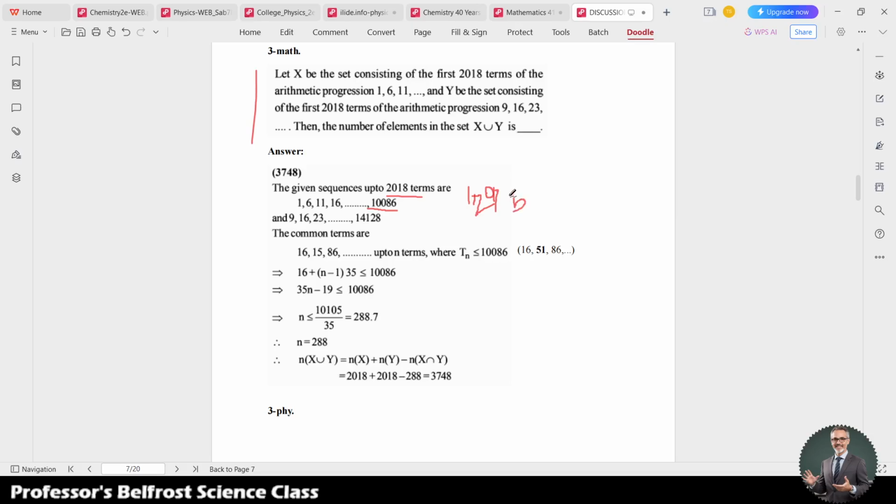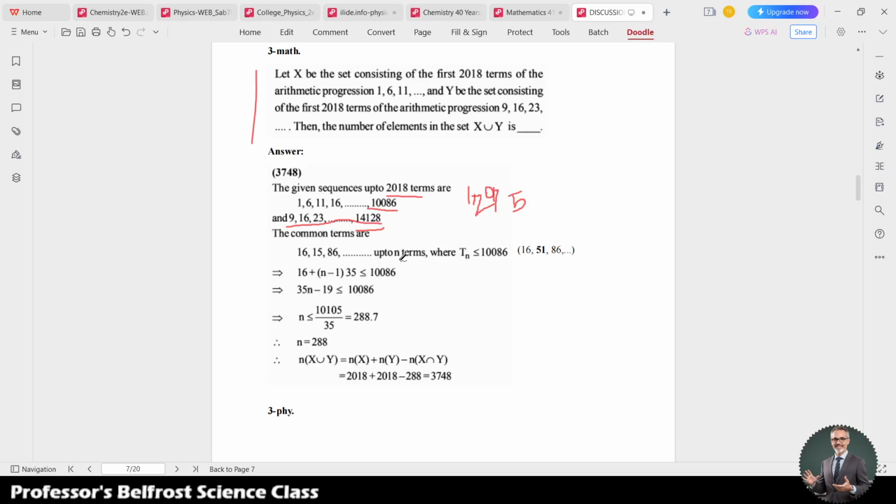If you calculate this, you get 10,086. And for the other arithmetic set, you end up with 14,128.